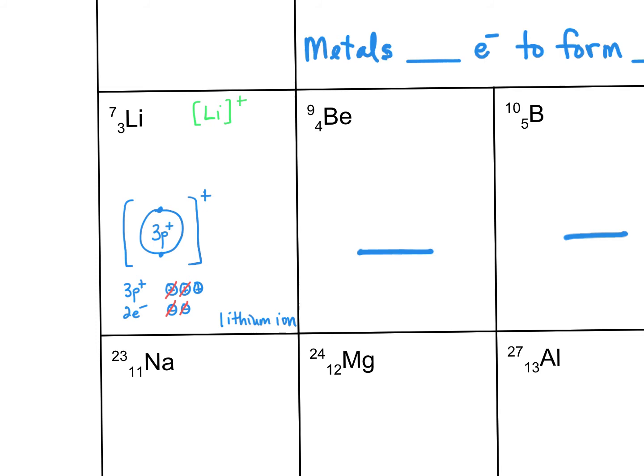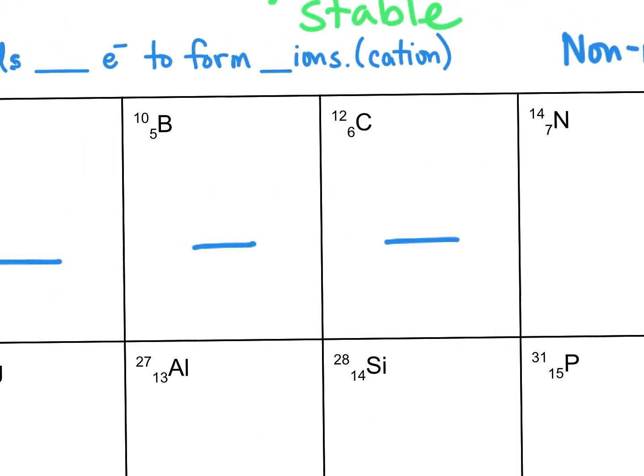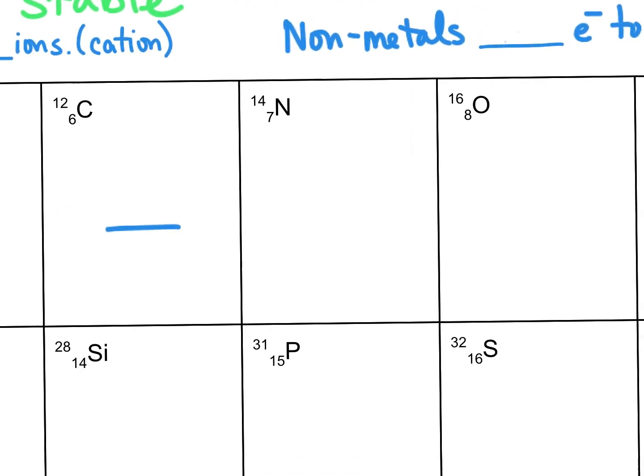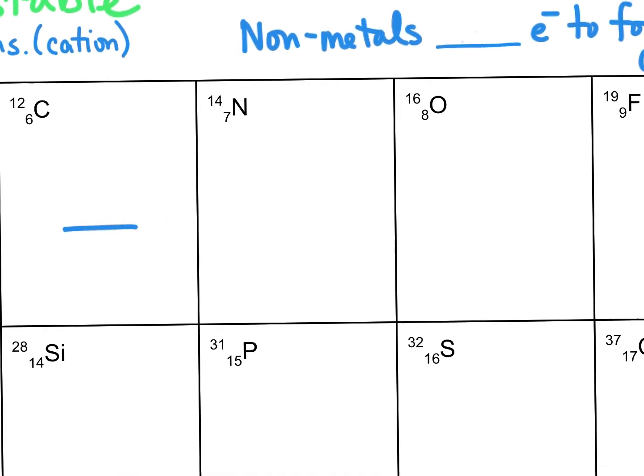So we see that lithium, as a metal, loses an electron to become stable. You'll need to think about the other particles to think about what they'll do to become stable. And the key is always thinking of the valence shell being closer to empty or closer to full.